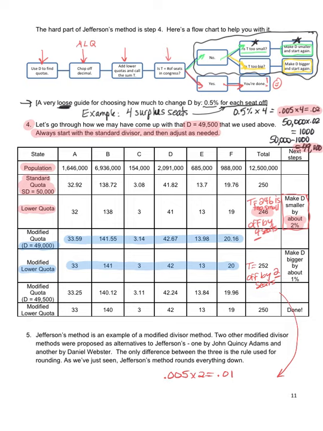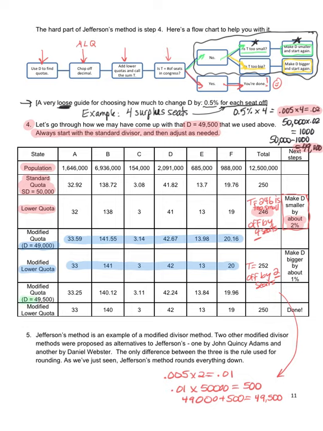And then we want to do 0.01 times 50,000, which is equal to 500. And remember, we're too big, so we want to make our divisor bigger by that much. So we're going to take our previous divisor and add 500 to it. And we get 49,500. And that is the next one that gets tried.